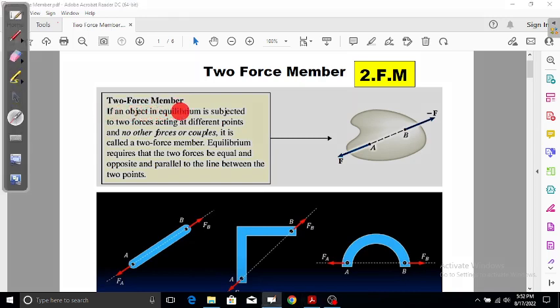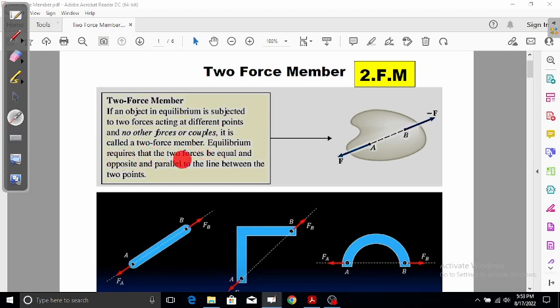As the name suggests, it consists of two forces. So what is a two force member? If an object in equilibrium is subjected to two forces acting at different points and no other forces or couples, it is called a two force member.